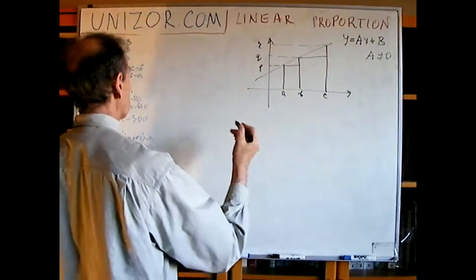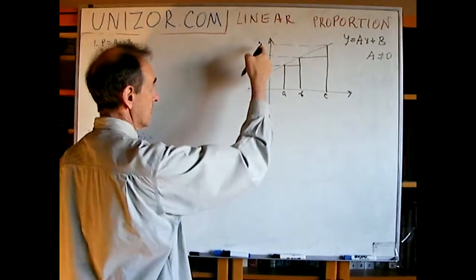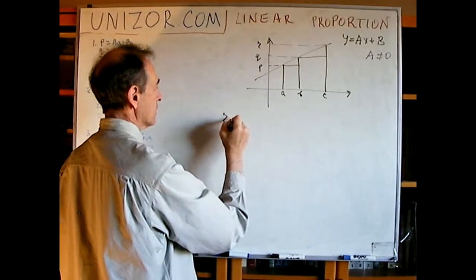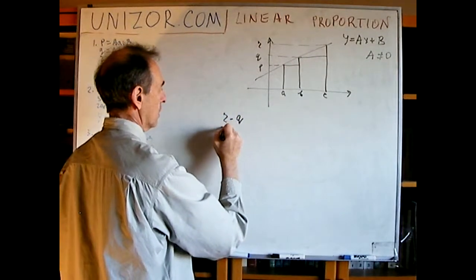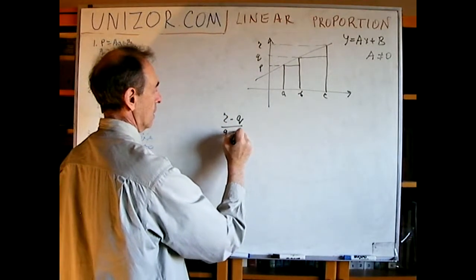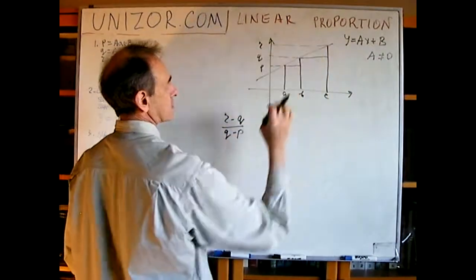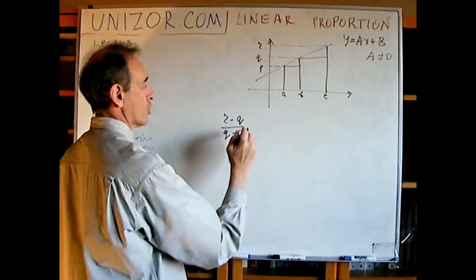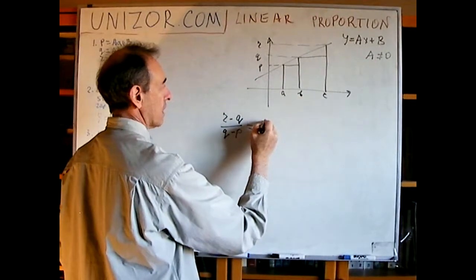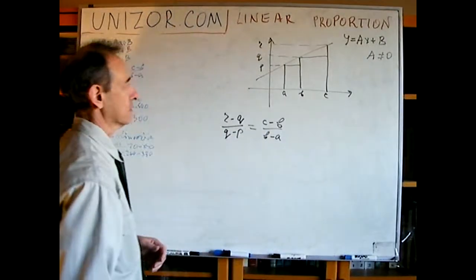What I would like to prove more precisely is that the relative increment of the value of the function in 2 different points, this relative to this, should be the same as the relative increment of the argument.